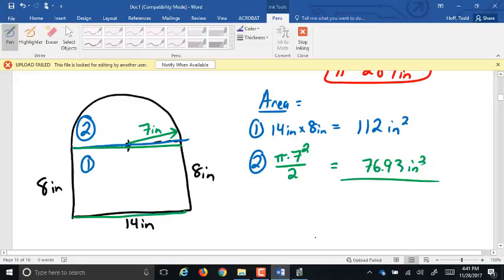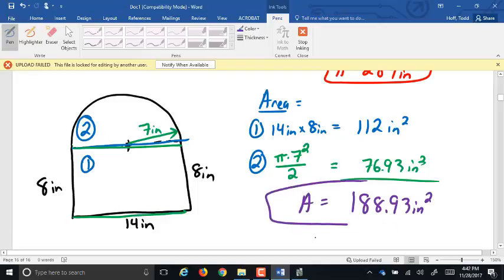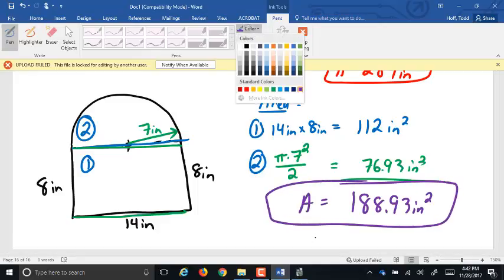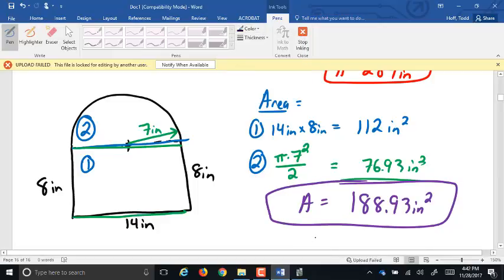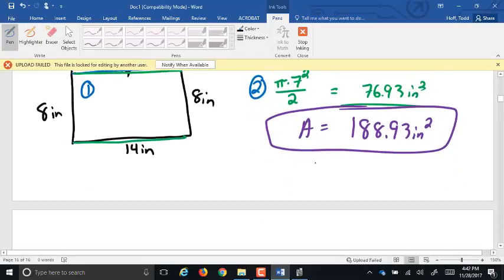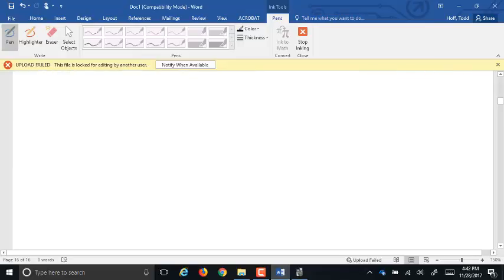We add those together, we get 188.93 inches squared is the area of that shape. Any questions there? Next.